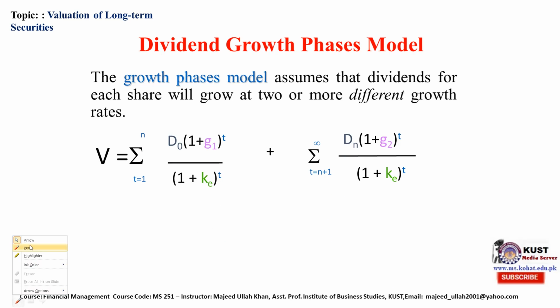This is the mathematical formula: from T equal to 1 to N, it grows at a rate of G1, so we use the sum from T equal to 1 up to N, divided by 1 plus KE raised to the power T, where T takes values 1, 2, 3, 4 till N. Then the second part starts from N plus 1 to infinity, Dn into 1 plus G2, the second growth rate, where T takes values from N plus 1 till infinity.